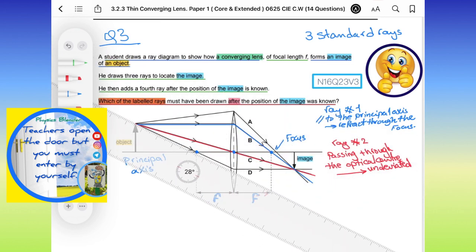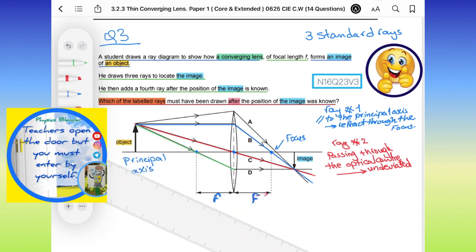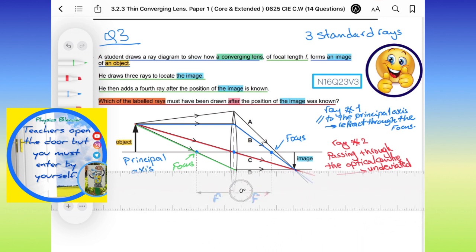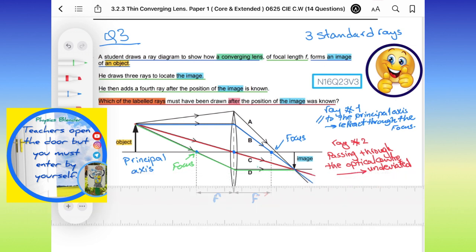it's opposite to the first one. So the third ray passes through the other focus and refracts at the midline. So here we have this point, the other focus, and it will refract parallel to the principal axis. Where the 3 light rays intersect, you can find the image.